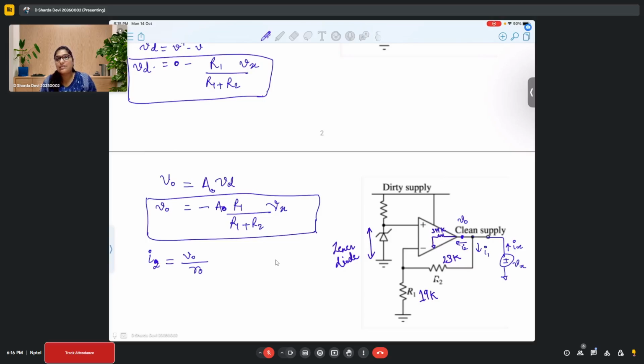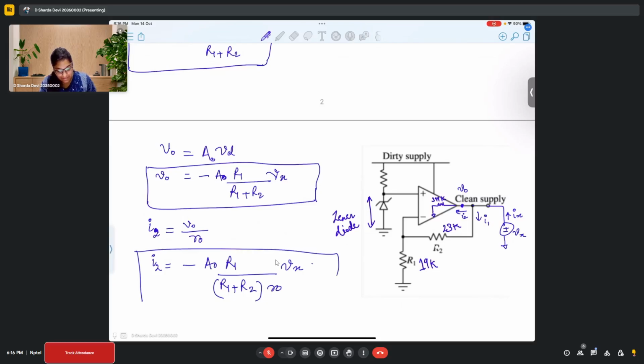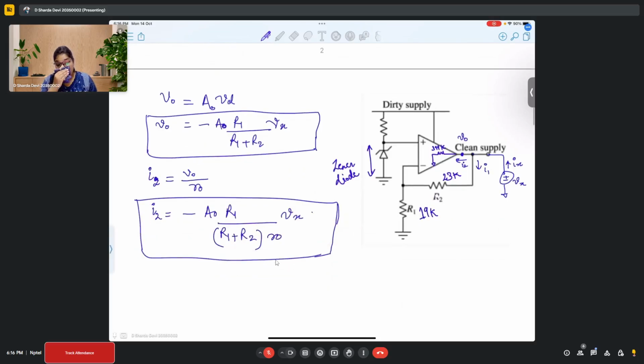The output resistance of our op amp and output voltage of the op amp will give me the output current. So my I2 becomes minus A naught R1 upon R1 plus R2 into R naught Vx, right? So this is my I2, that is one of the two currents.